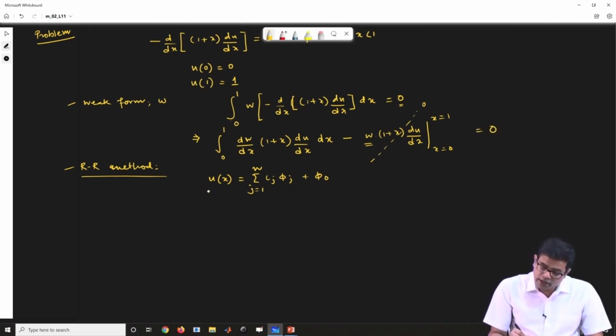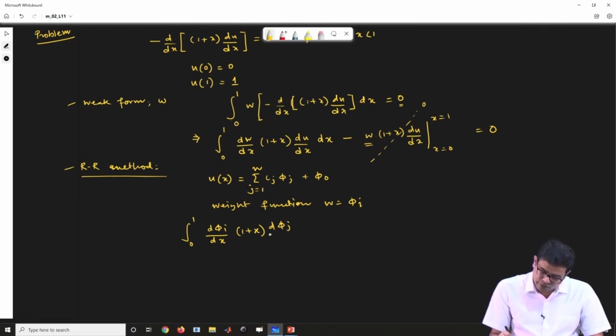Here phi j is my approximation function, and if I choose the weight function w in the previous expression as phi i, then this weak form will look like this: integral 0 to 1 of d phi i/dx into (1 plus x) and d phi j/dx into dx.